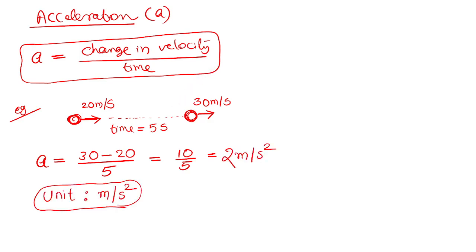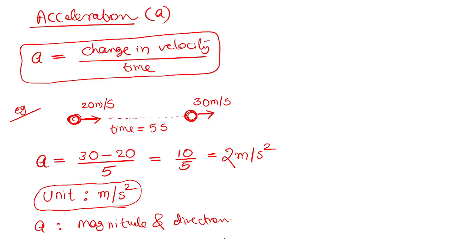And one more thing is, acceleration has both magnitude and direction. I will explain the direction in the next page. When we talk about acceleration, we must specify direction, like north, south, like that.